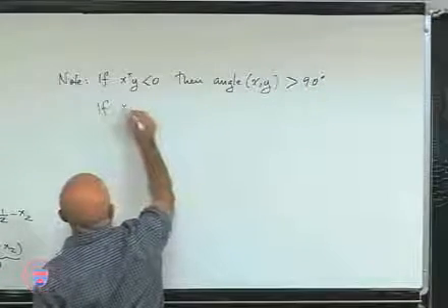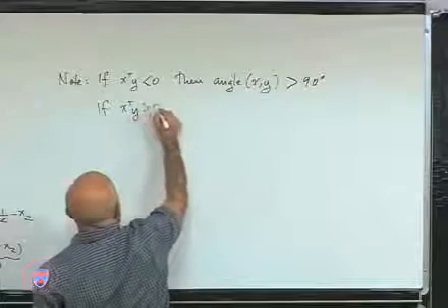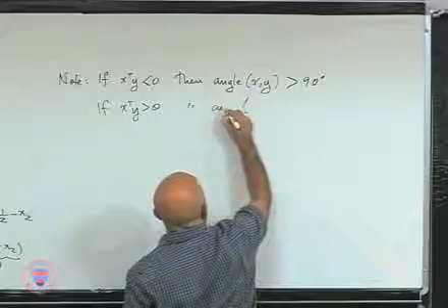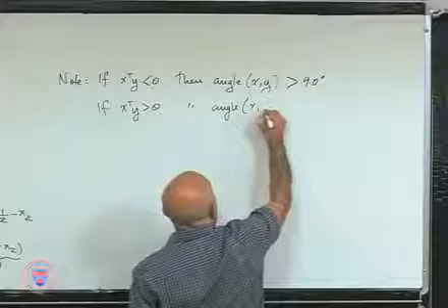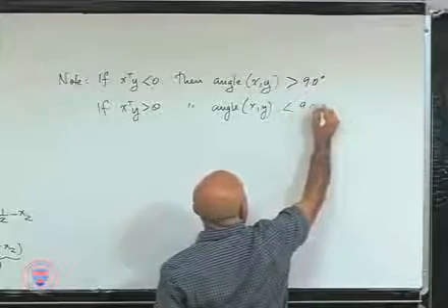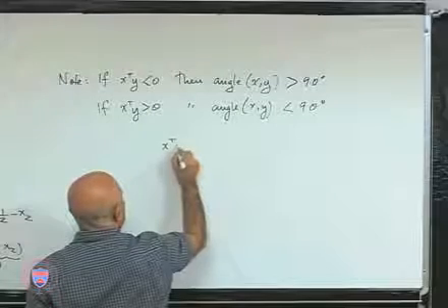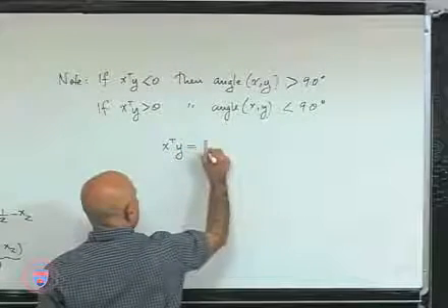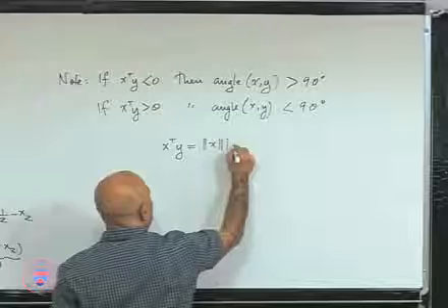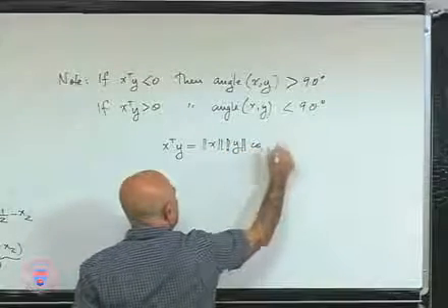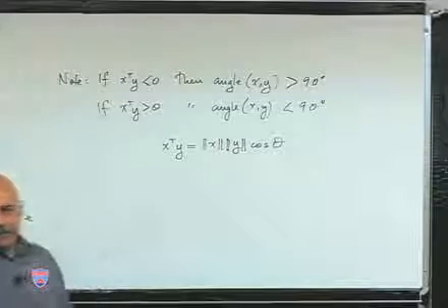And if it is the other way around, then the angle between x and y is less than 90 degrees. Because x transpose y is defined by the norm of x, norm of y, times, was it cosine theta? Yeah, it was cosine theta.